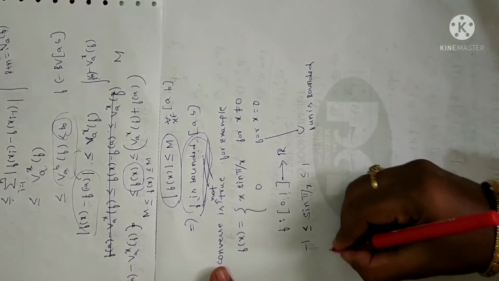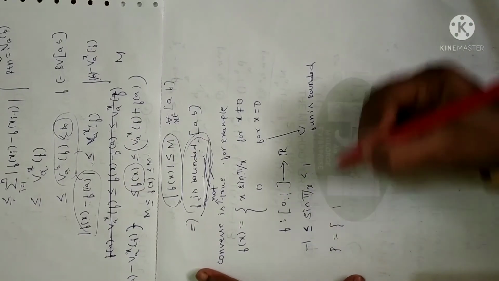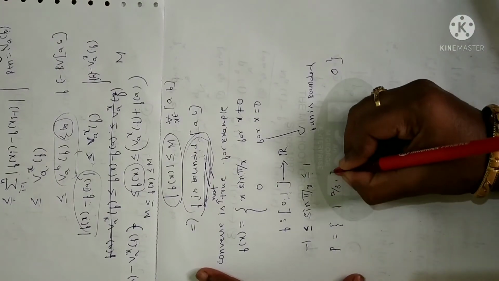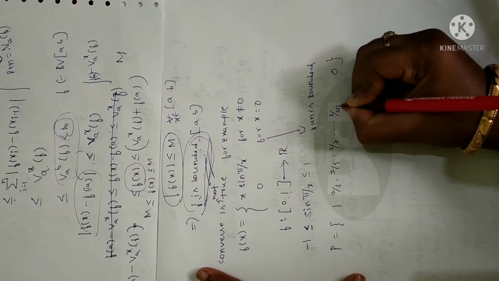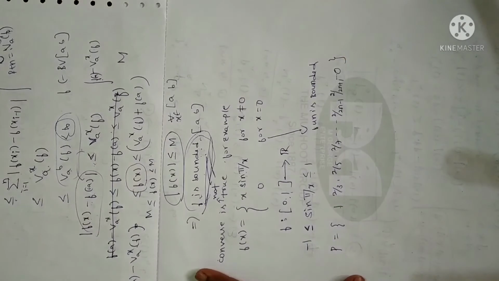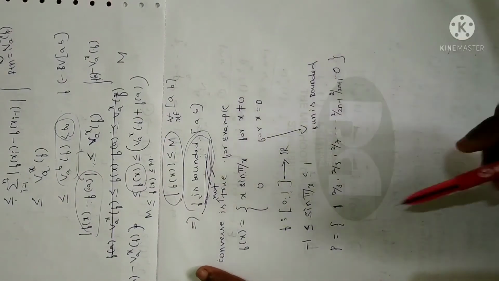So let me consider a partition of this function. As you are already familiar, the sine value will be varying from 1 to 0, right? So when you take a partition, let me take 2 by 3, 2 by 5, 2 by 7, and so on, 2 by 2n minus 1, 2 by 2n plus 1, and so on. So I have divided the partition in such a way that 1 and 0 are divided in terms of the partition.